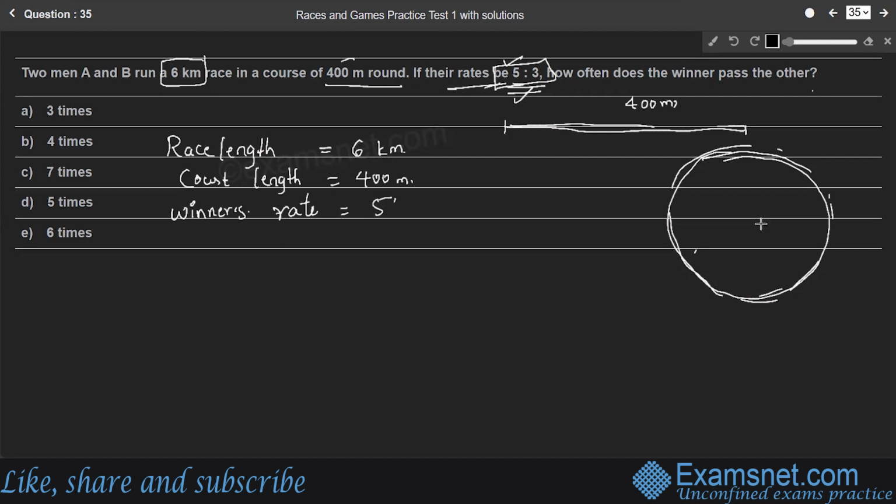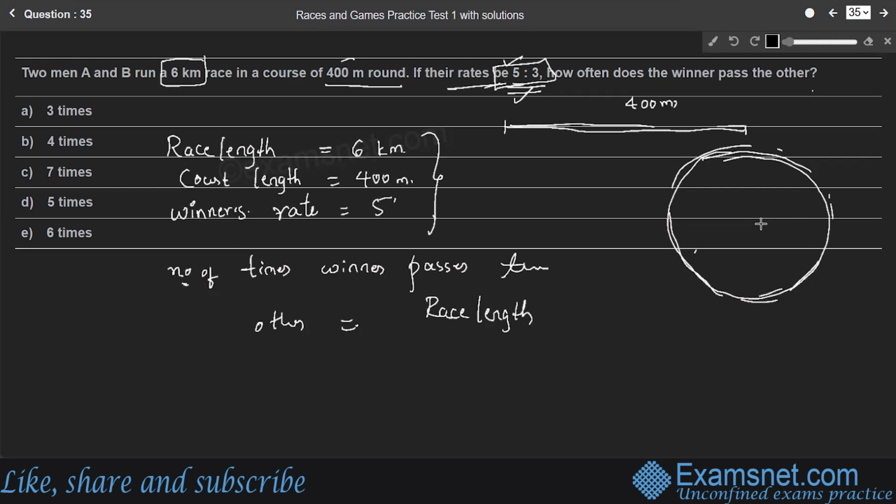For that, the formula is, number of times the winner passes the other is equal to, it depends on all these three factors, race length divided by course length into winner's rate.